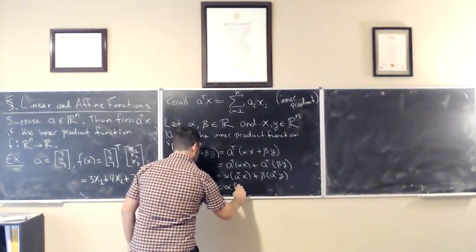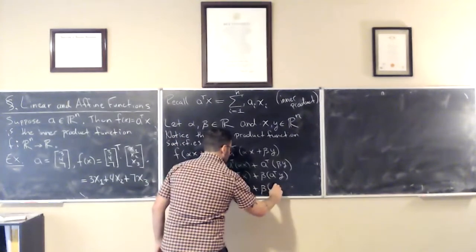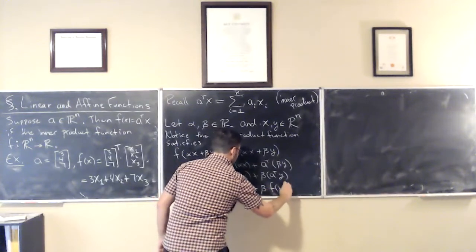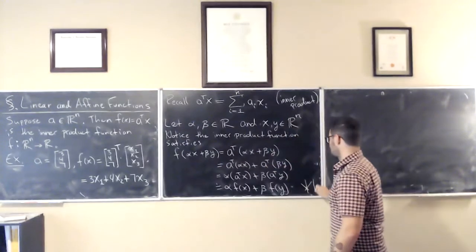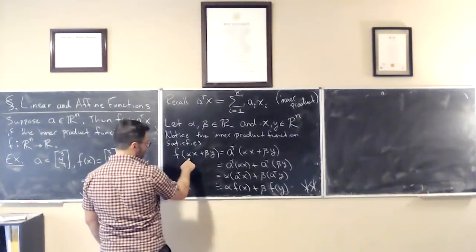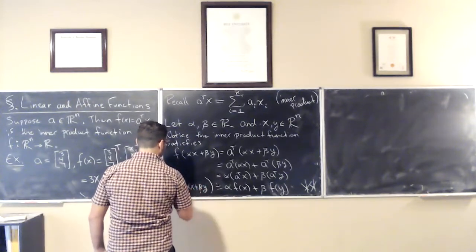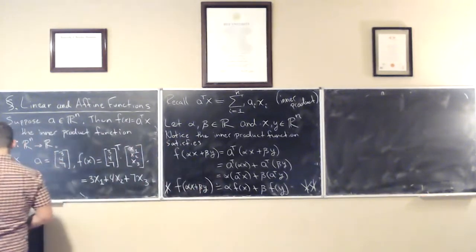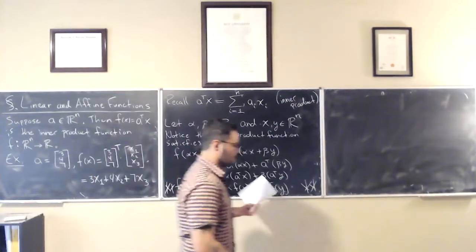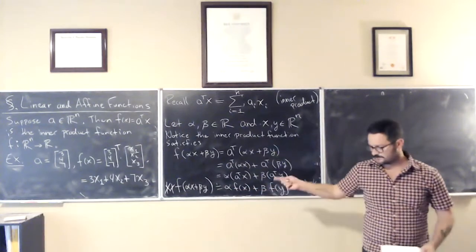So this is alpha times f of x plus beta times f of y. We've just shown that that is equal to that.